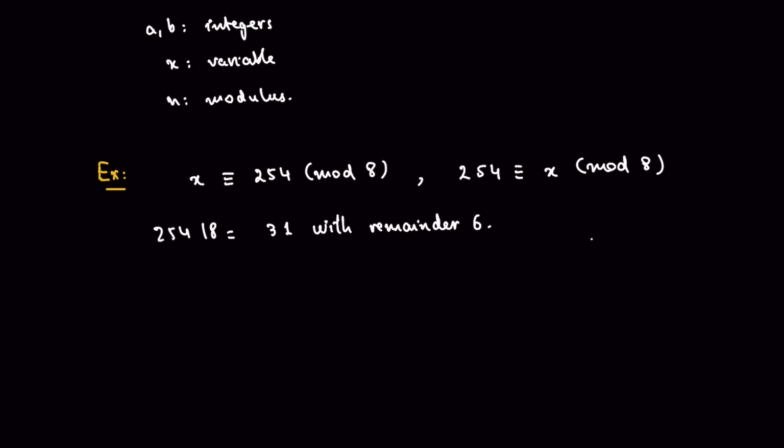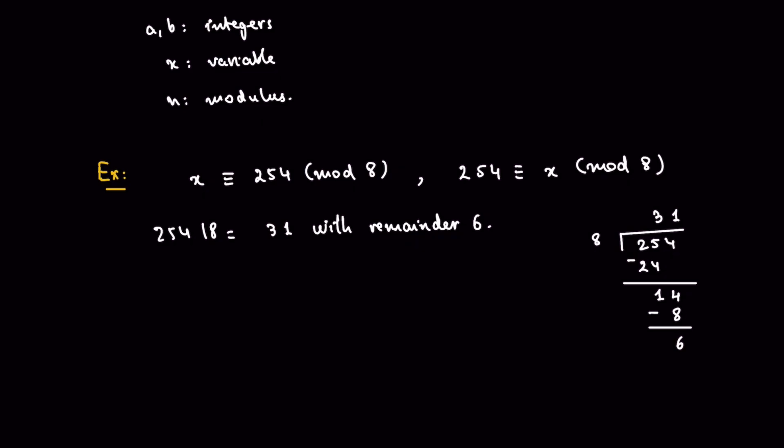So let's quickly do that. 8 going into 25, you get 3 times 8 is 24. Do the subtraction here and you get 1. Then 8 going into 14, you get 1 times 8 is 8, and 14 minus 8 is equal to 6. So the remainder is equal to 6.